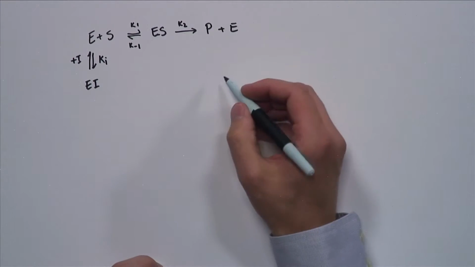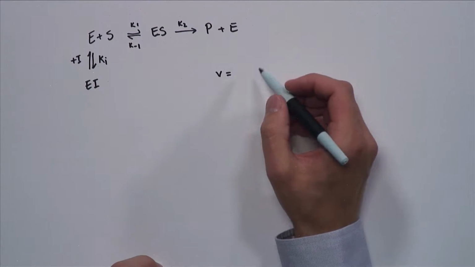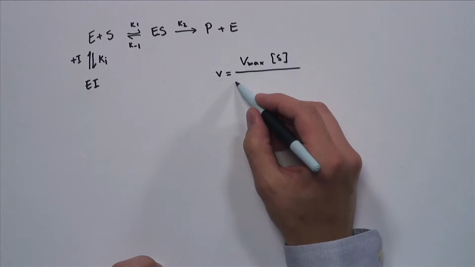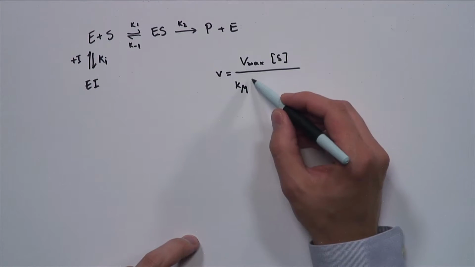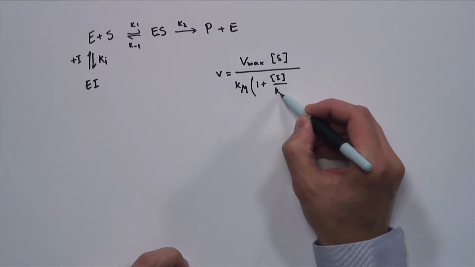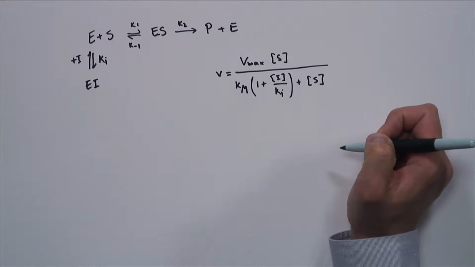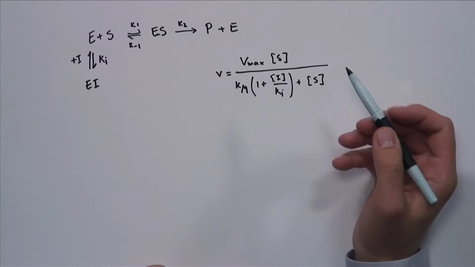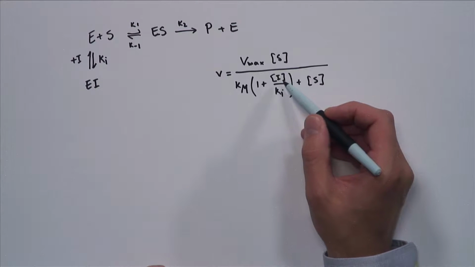As you have seen in the notes, taking into account the inhibition constant, the rate V is going to be Vmax times the concentration of substrate over Km, the Michaelis constant for the enzyme, times 1 plus the concentration of inhibitor over Ki, plus the concentration of substrate S. Now, this equation tells us exactly how the rate is going to change as we increase or decrease the concentration of the inhibitor.